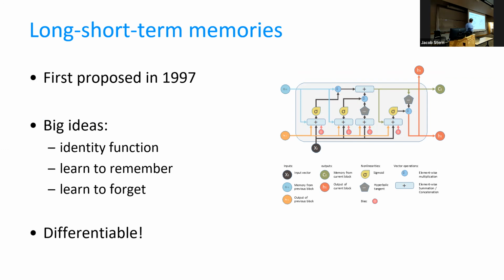So the big idea behind this is you have this identity path going all the way through from the beginning to the end of your sequence. And at each step, at each new token, we are going to remove information and then add certain information to that identity path.